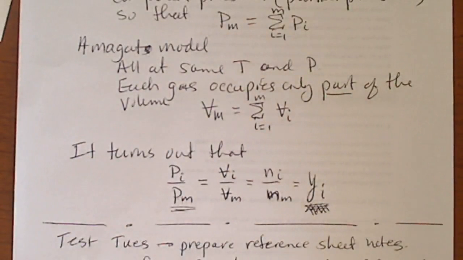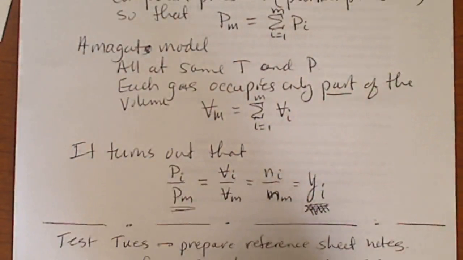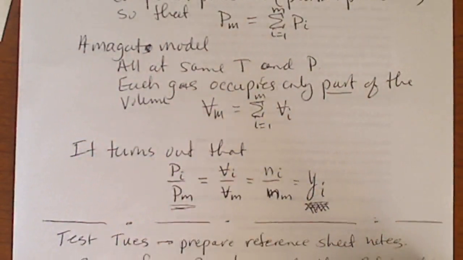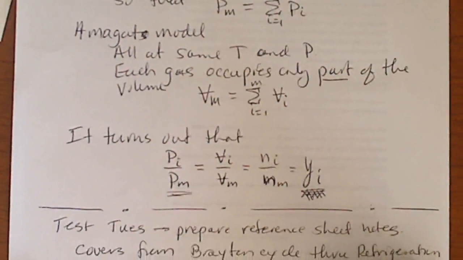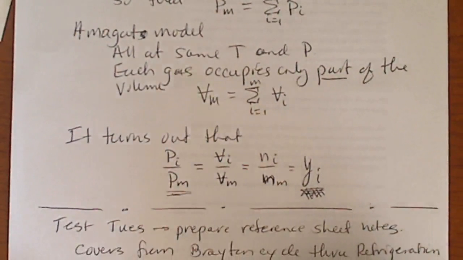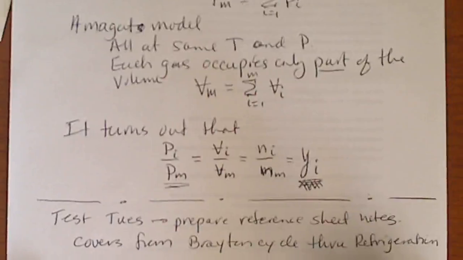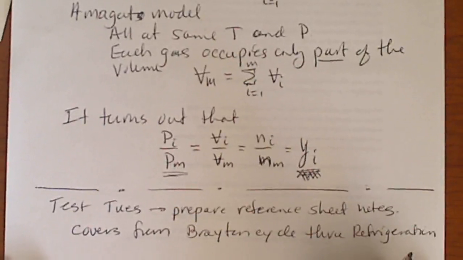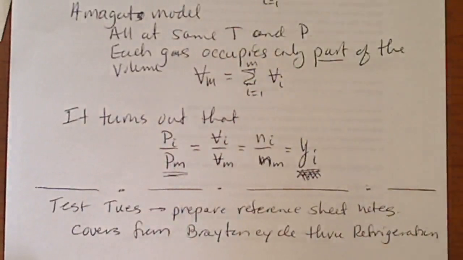And so we talked about the Brayton cycle, and we talked about regenerator effectiveness for the Brayton cycle. And we talked about refrigeration cycles, simple refrigeration cycles, but we also talked about some different advanced or modified refrigeration cycles.